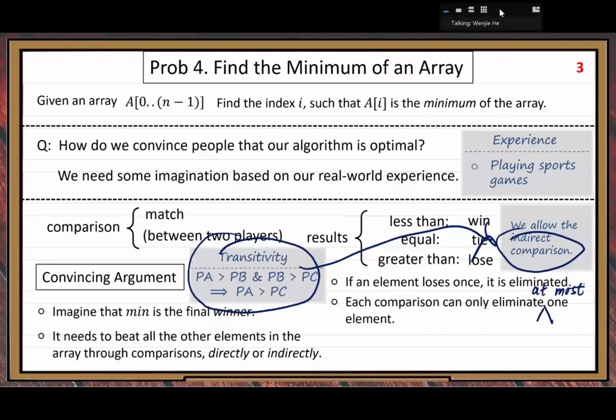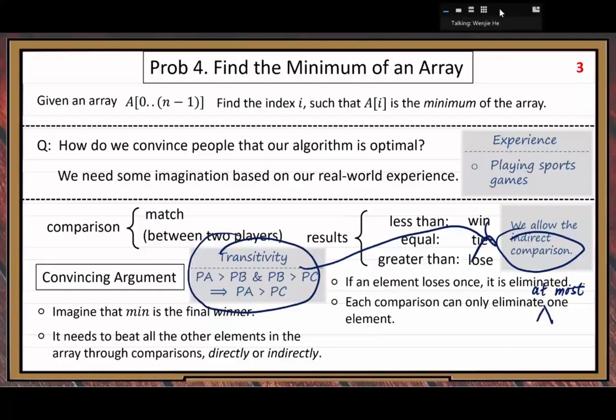Why can I say eliminate zero? Because this corresponds to the situation in real world programming. Different programmers write different programs, but many times people write bad programs, right? When people write bad programs, they waste quite some operations. When you do one redundant comparison, you do not get any useful information.